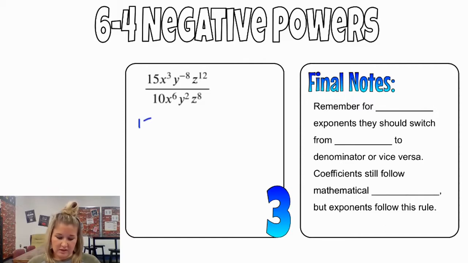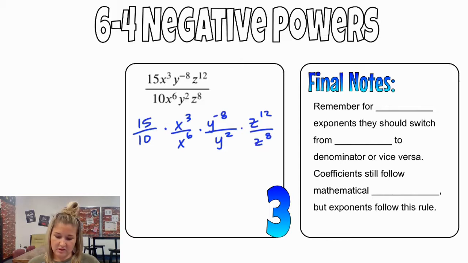We have 15 divided by 10. That's not going to be a nice, pretty number, and that's okay. And then I'm going to have x to the 3rd divided by x to the 6th. So I'm kind of splitting these all up. You don't have to do this. I sometimes just think it's a little bit easier. And then I have z to the 12th and z to the 8th.